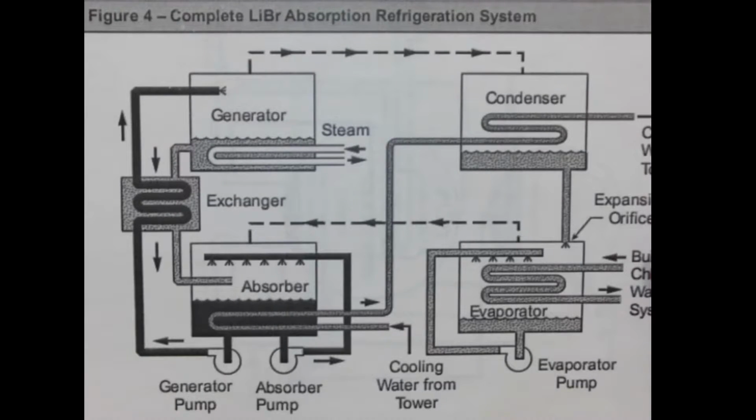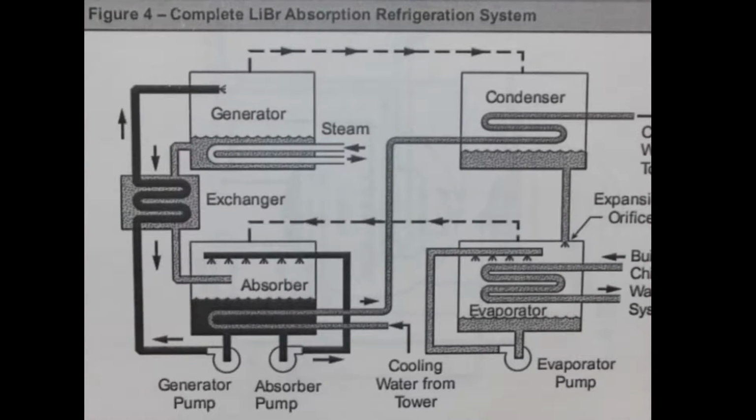They're pretty much our standard condenser and evaporator systems. This is the generator and the absorber that we added in, and drew out our different process pathways for it.